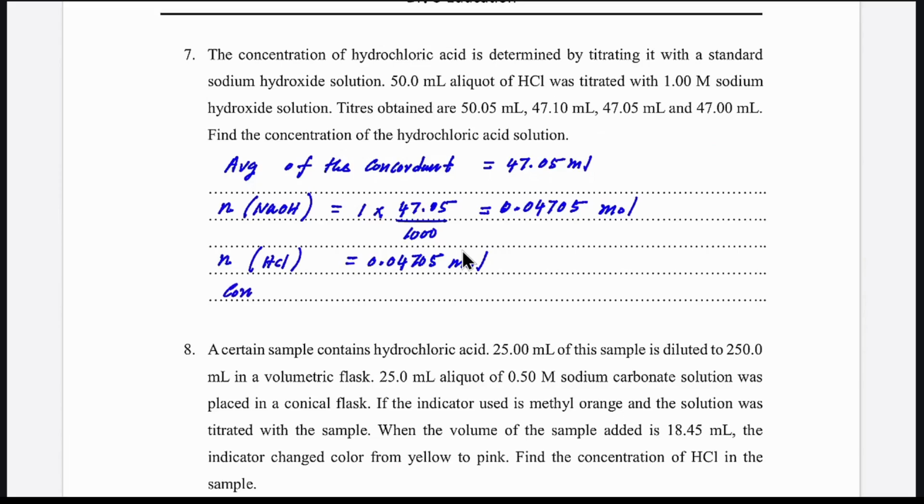HCl concentration is going to be 0.04705 divided by the volume. How much is the volume? 50? Yeah. So that would be 0.941.